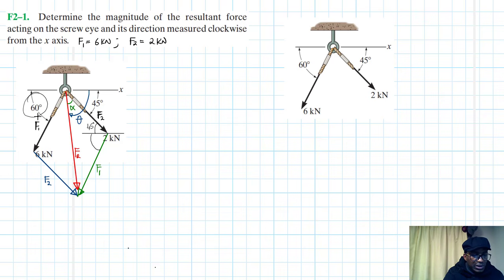So it's the same angle which we can replace there as 60 degrees. Is that fine? Great. So with this information, we can employ the cosine law.